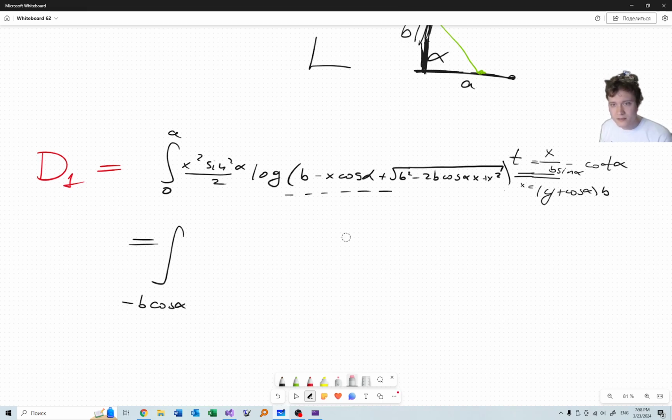So x is tb sine alpha plus b cosine alpha. So t is now from minus cotangent alpha to a over b sine alpha minus cotangent alpha.